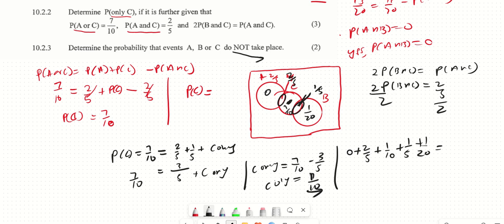Let's see the probability of those events happening, which is 2 over 5 plus 1 over 10 plus 1 over 5 plus 1 over 20. What do we have here?